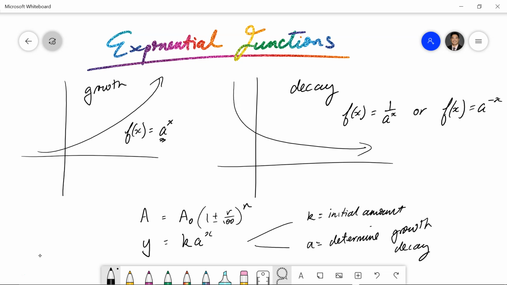In connection to financial maths, the initial amount is what we're replacing with k. The 1 plus or minus the interest rate r over 100 determines growth or decay, and we represent that as the base a.